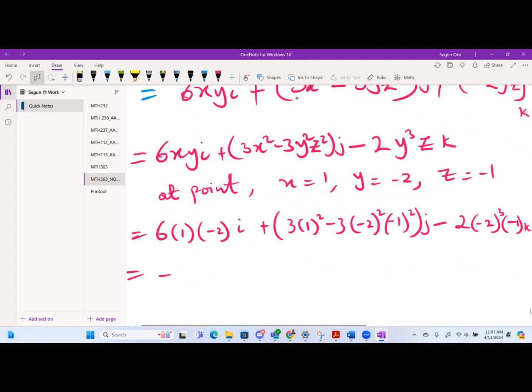If you solve this one very well, what do you have for i? We have -12i. Do we all agree? Yes, sir.